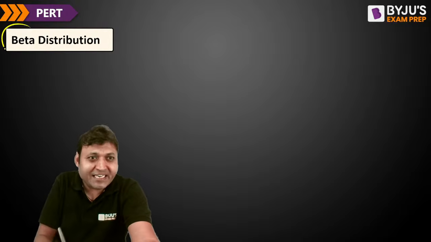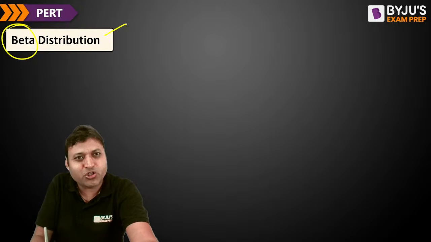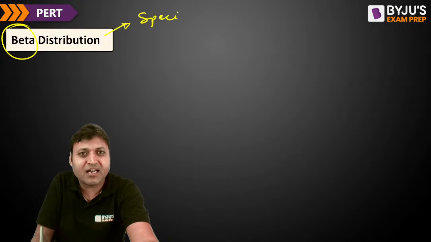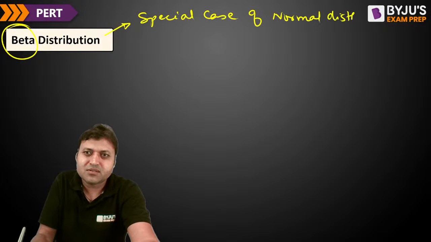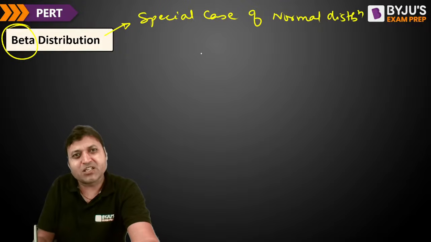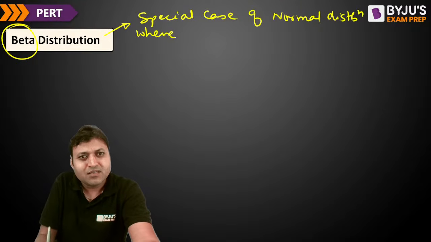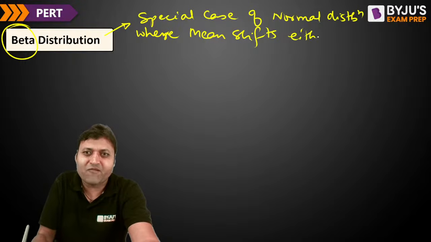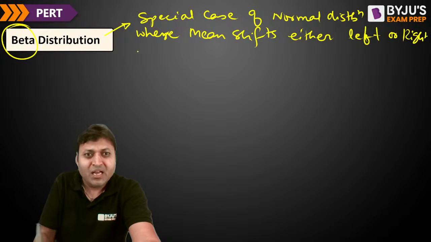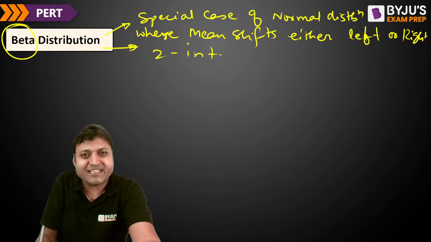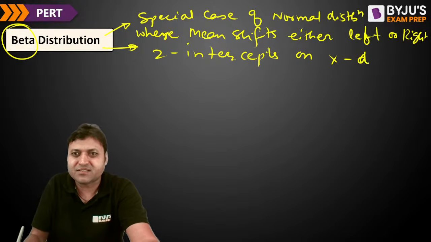Because activity time estimates follow the beta distribution, what exactly is the beta distribution? It is nothing but a special case of normal distribution, where the mean shifts either left or right. The beta distribution has two intercepts on the x-axis.